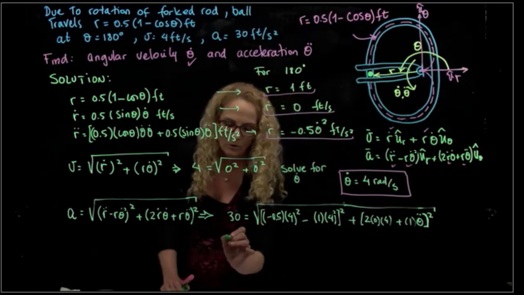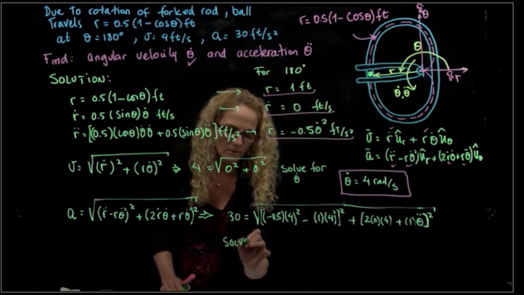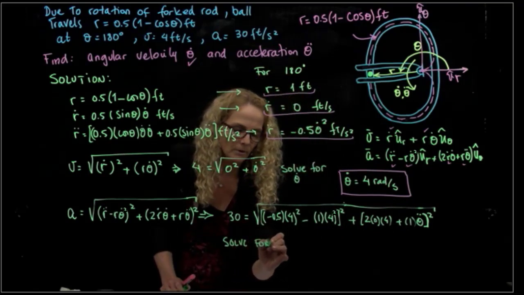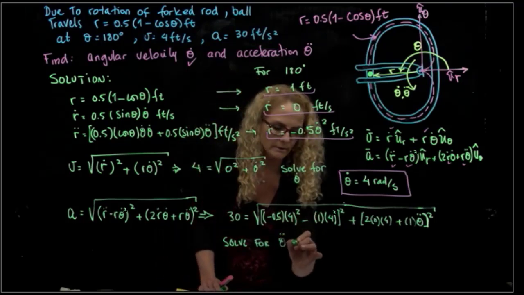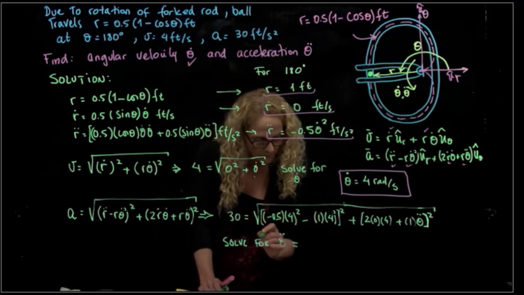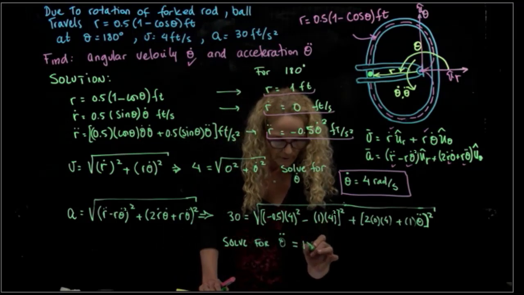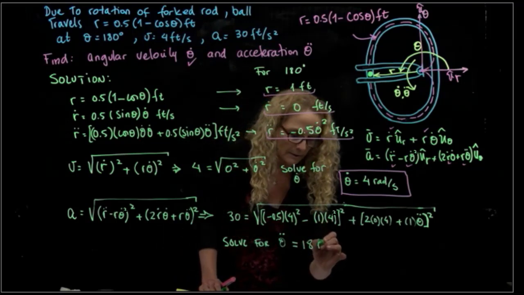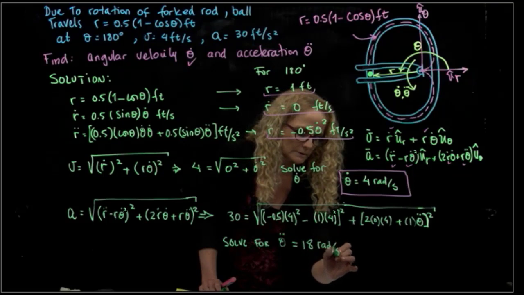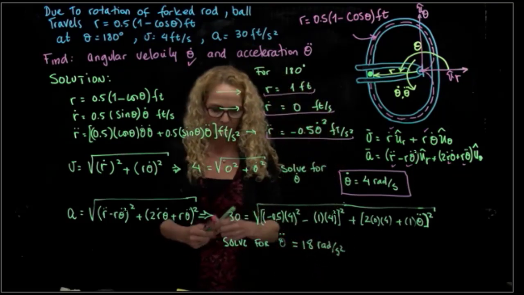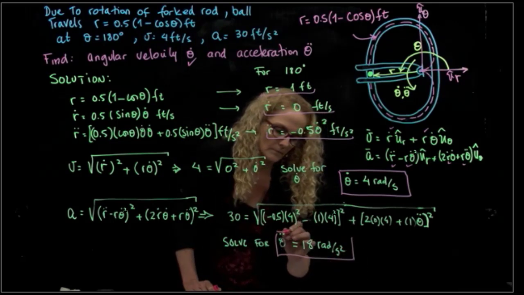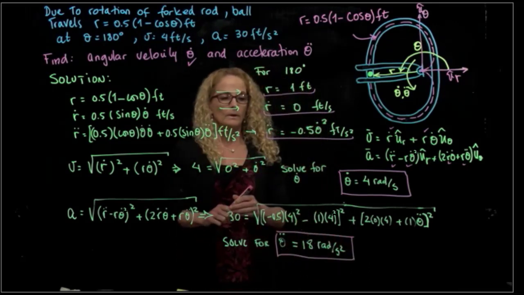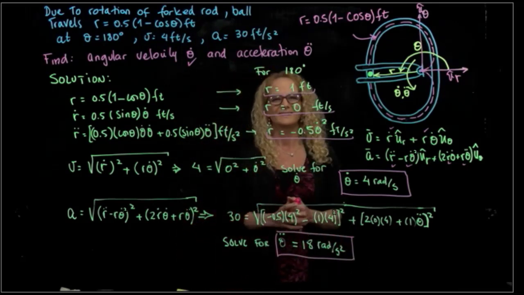So solve for theta double dot, and it gives me the value of 18 radians per second squared. And this is the solution of this problem.